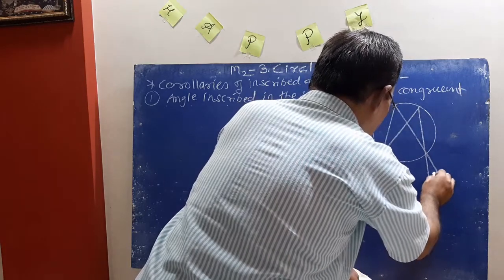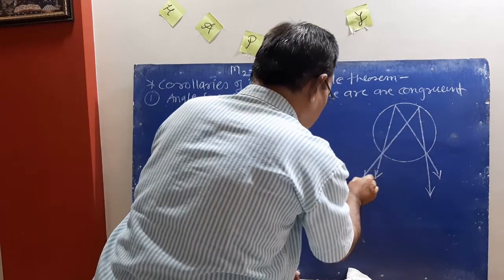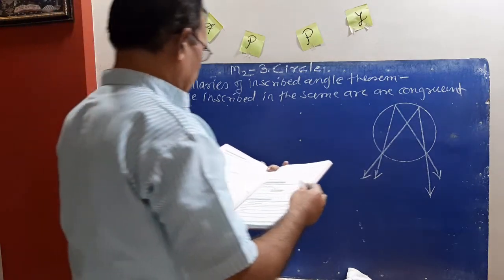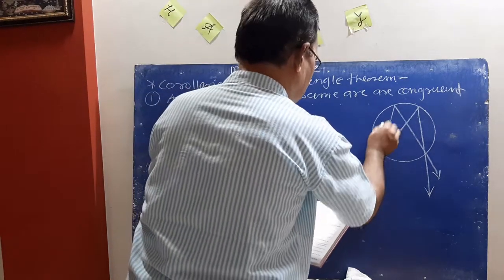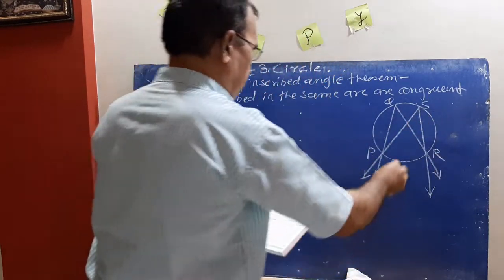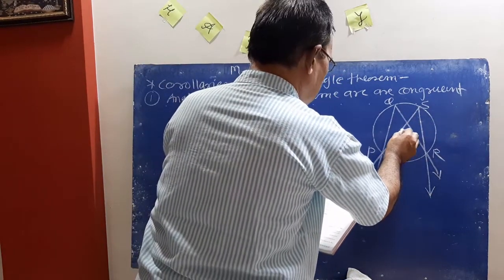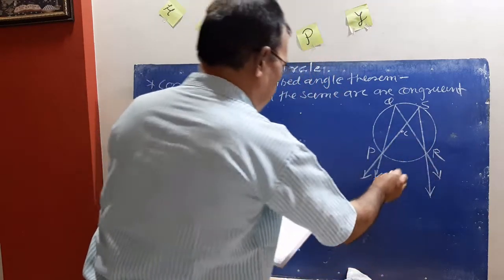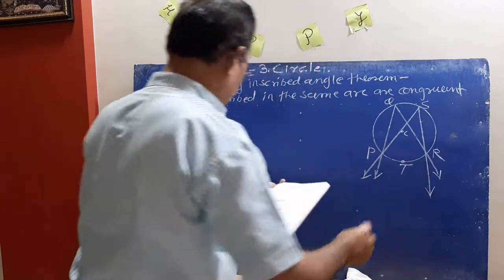Draw the figure carefully. PQR and PSR, and C is the center of the circle, and here is point T.